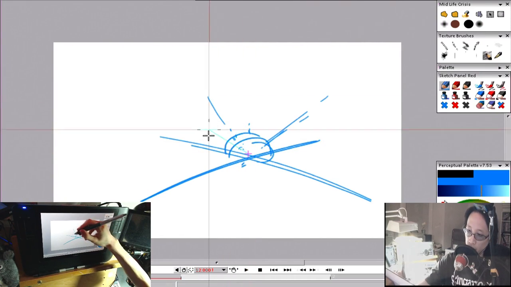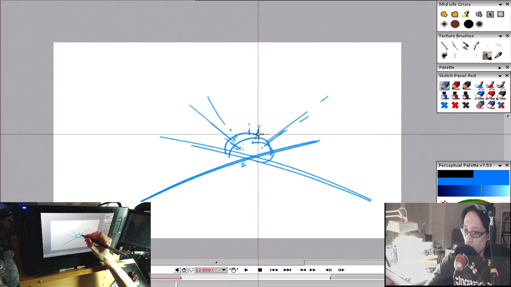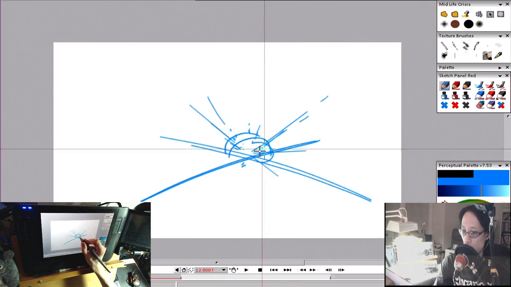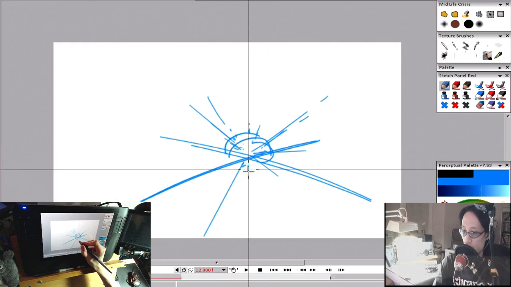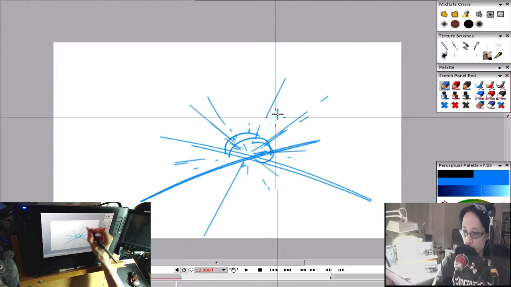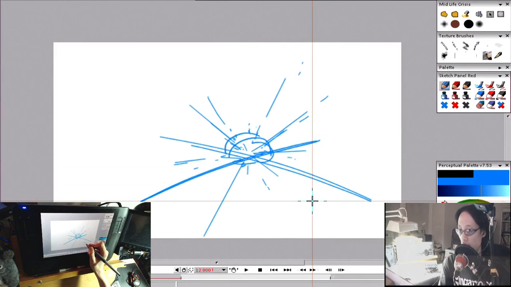And the light rays, let's just have them shooting out radially from... That'll do. Okay. Right.